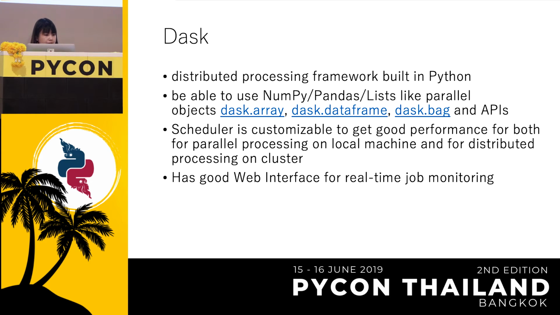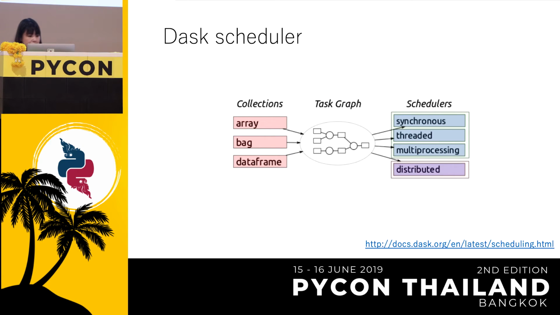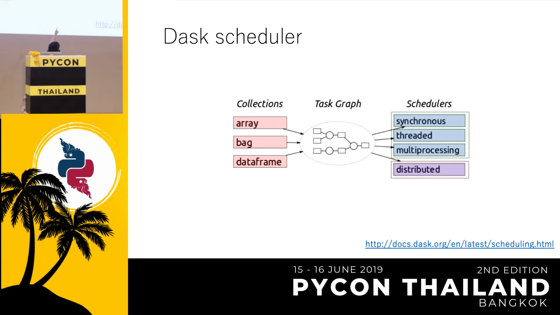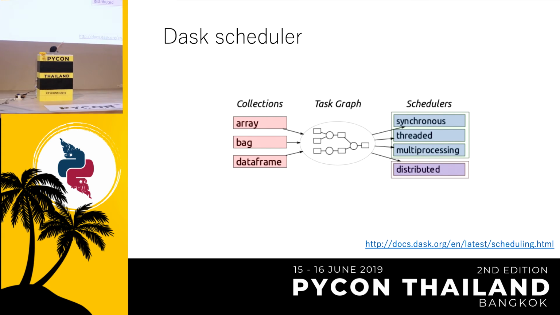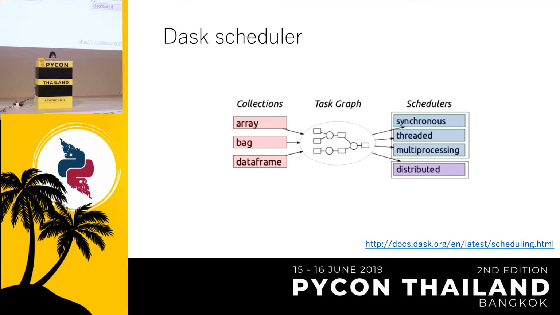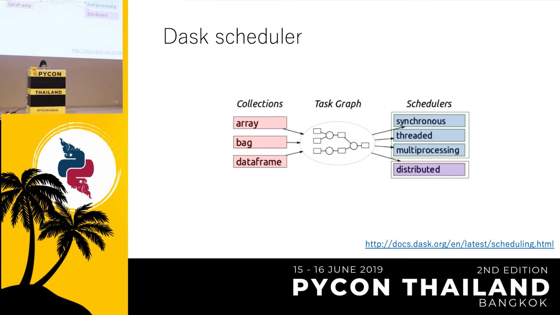It has a good web interface for real-time job monitoring. Array is a NumPy-like API, bag is a list-like API, and DataFrame is a pandas DataFrame-like API. When we define them, Dask will automatically create the task graph, and the scheduler will schedule the tasks.